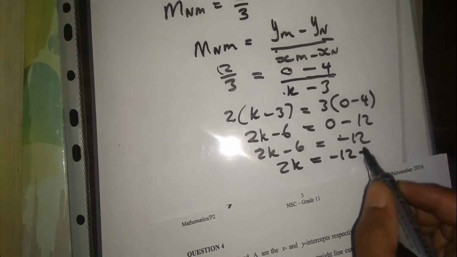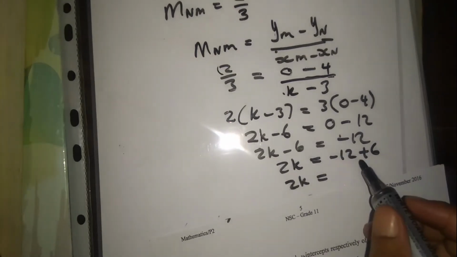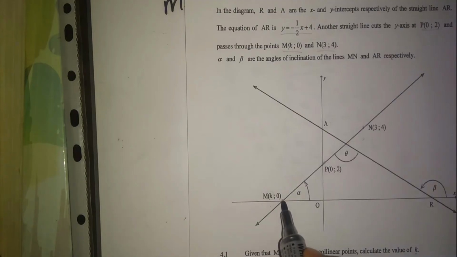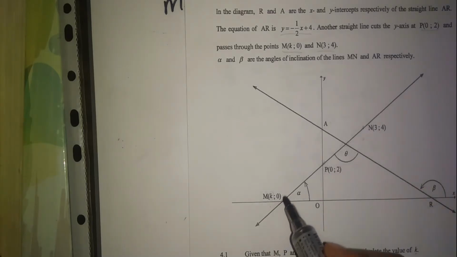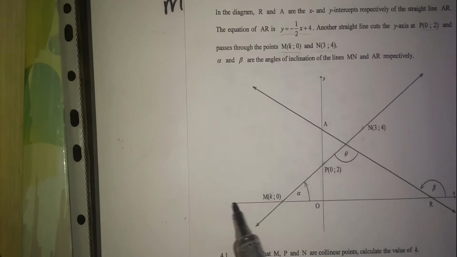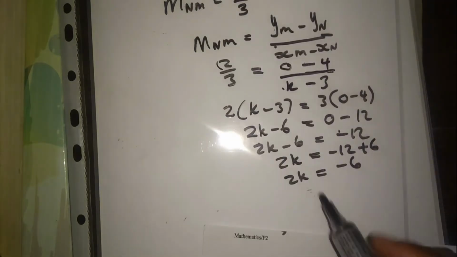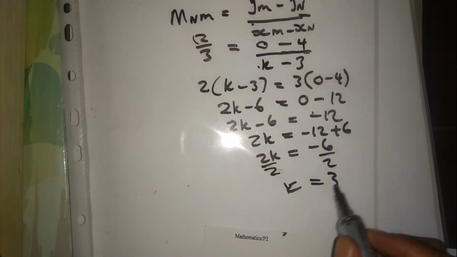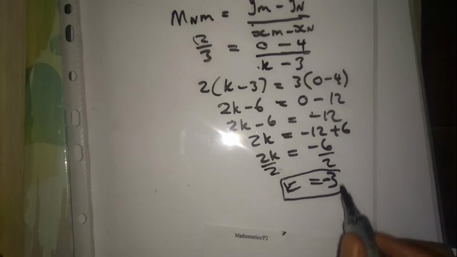So the answer is 2K minus 6 equals minus 12, so 2K is equal to minus 12 plus 6. 2K is equal to minus 6. We expect the value of K to be negative, because it's the x-intercept of this line NM, and the x-intercept is on the negative x-axis. So the answer is K equals negative 3.